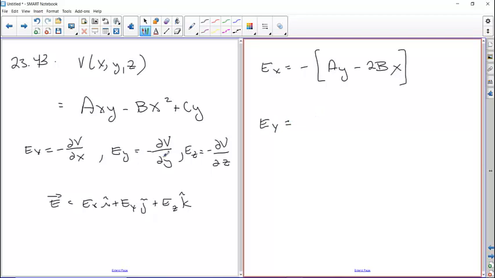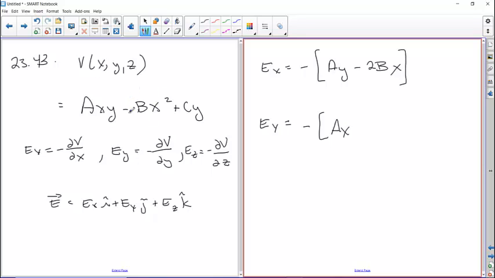Now e sub y, do the same thing. It'll have negative. Now we take the derivative with respect to y. Well, the first and the third term have y's in them, but the second term doesn't. So instead of ay, when we take the derivative with respect to y, the derivative of y with respect to y is 1, so we'll get ax.